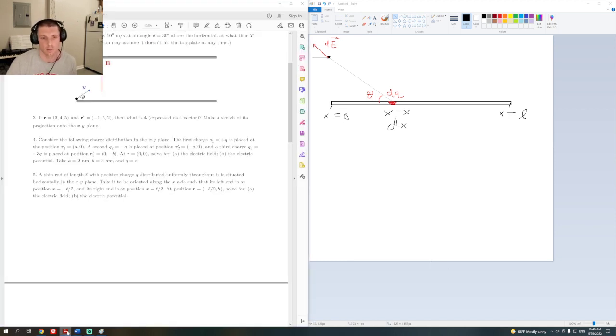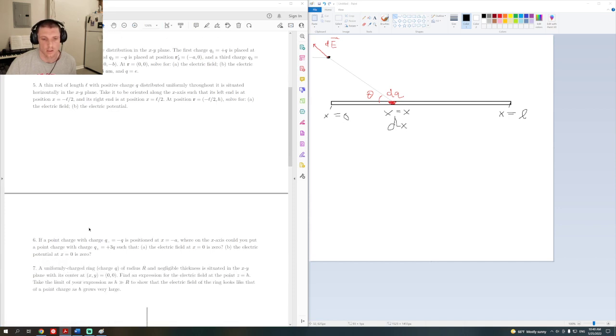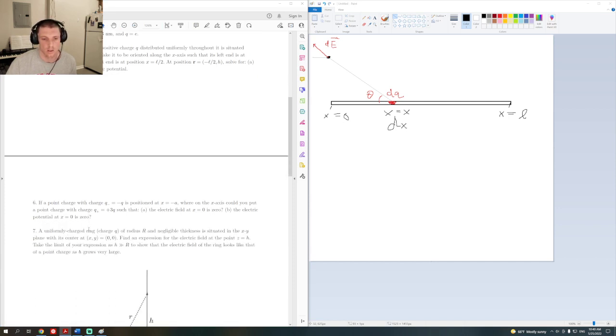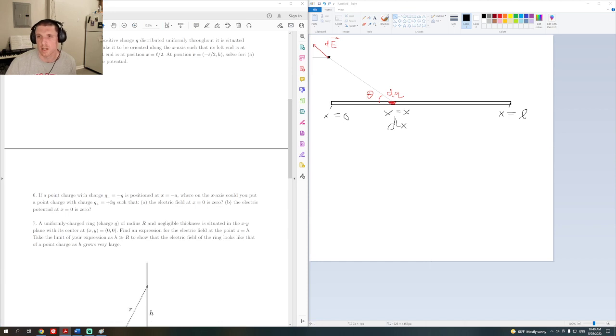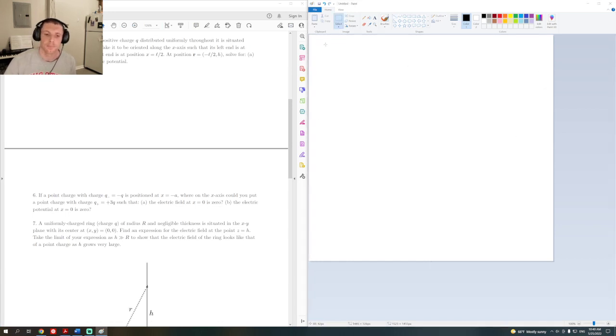All right, let's see. What about number 6? I think this is a good one. So I'll make a quick sketch here and just talk about what we have to do. So again, I'm going to make some x and y axes.